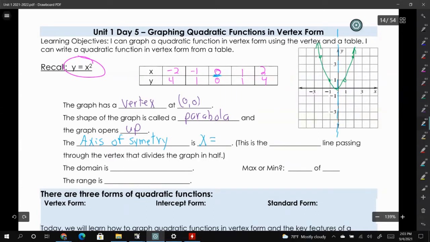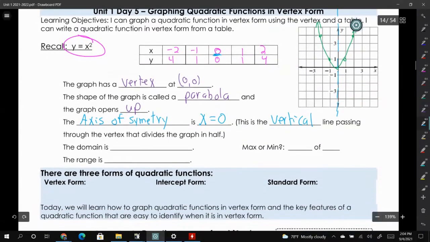So x equals 0 in this case, because our vertex is at (0, 0). So this is the vertical line that goes through the vertex and divides it in half.